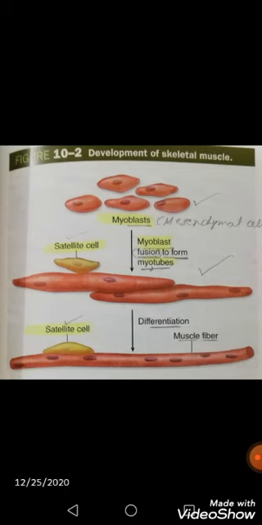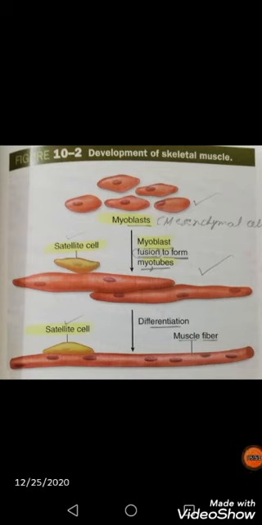Sometimes they proliferate and produce new muscle fibers if there is a muscle injury, but the power of regeneration in the skeletal muscle is limited.